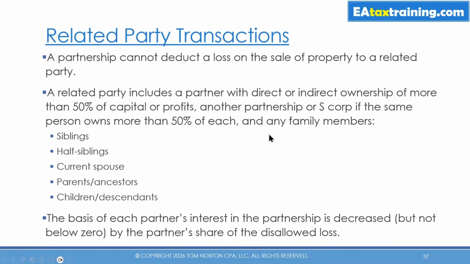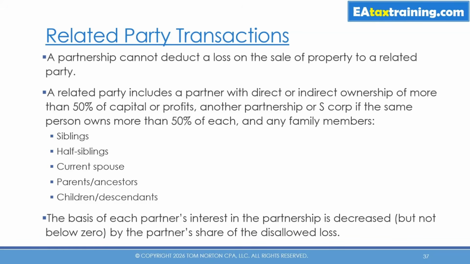And also notice this: directly or indirectly. You see that sometimes in the tax law. So, what that might be, for example, you could have a partnership that has individuals as partners and trusts as partners. So, maybe an individual owns, let's say, 30% of a partnership. They are a 30% partner. But then they also have a trust.